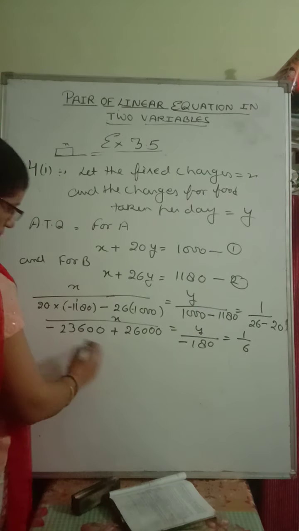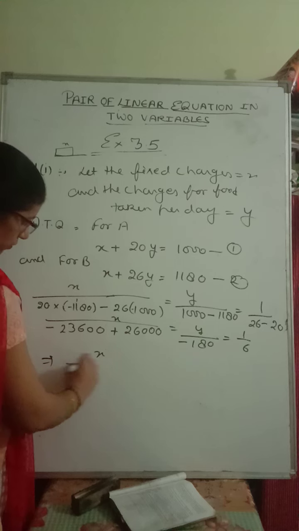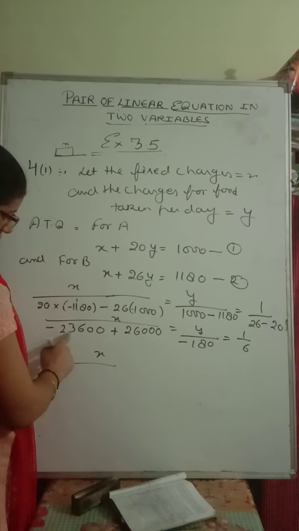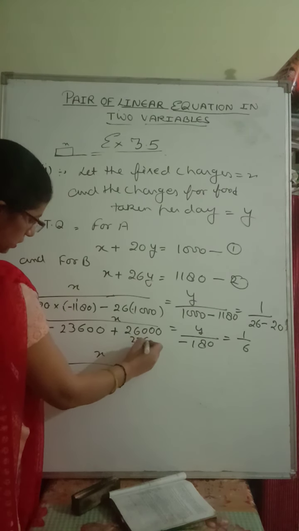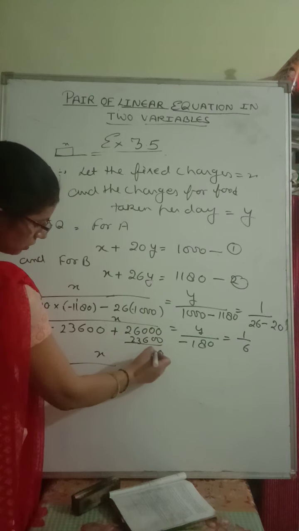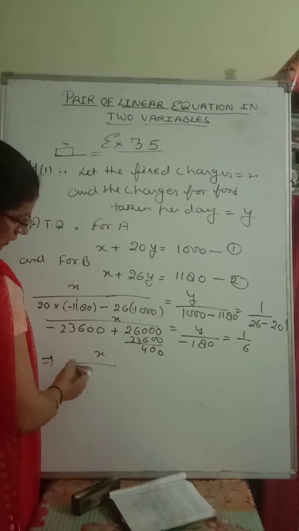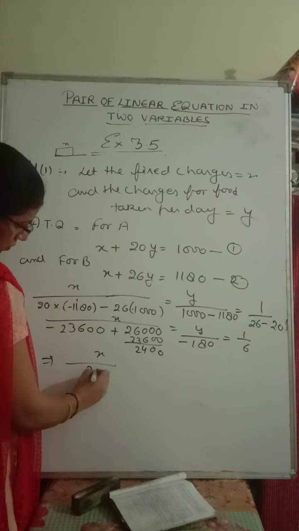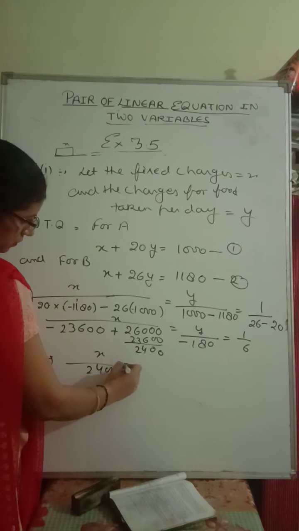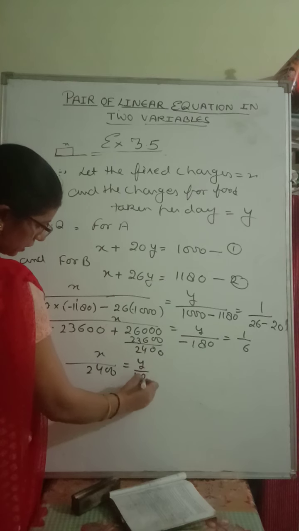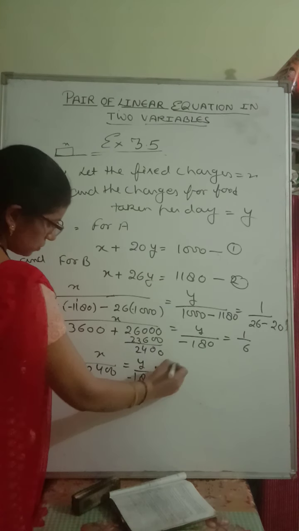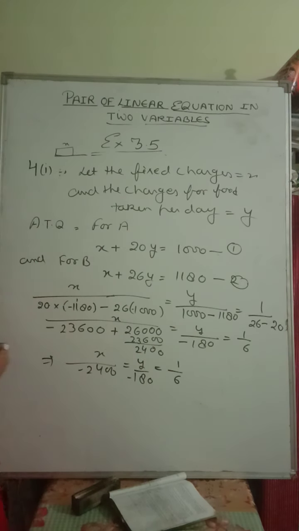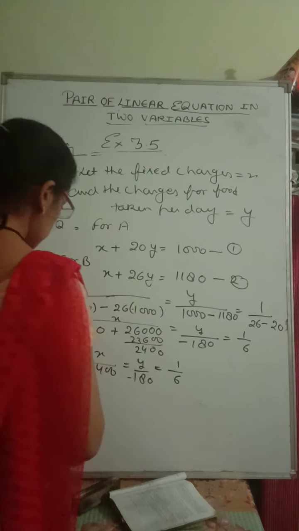Okay, so you will get from here x upon 26,000, 23,000, इसमें से minus कर दो 23,600, so you will get 10 minus 4, 10 minus 6, so 5 minus 3, 2. Y upon minus 180 equals to 1 upon 6. Okay. So this you got.